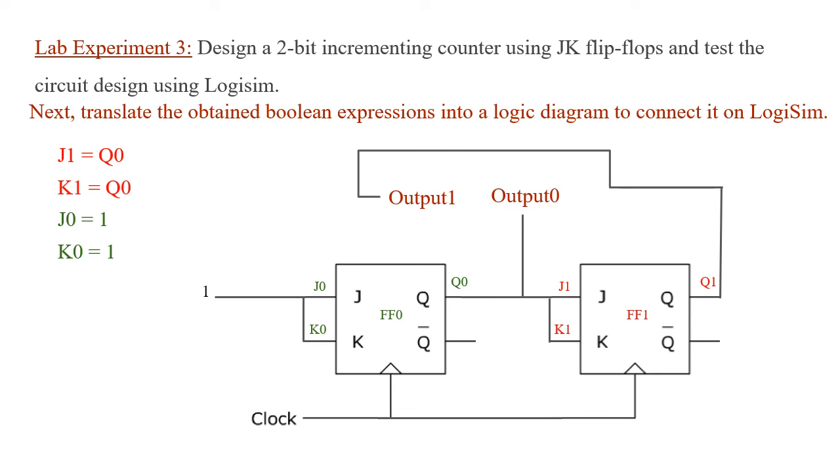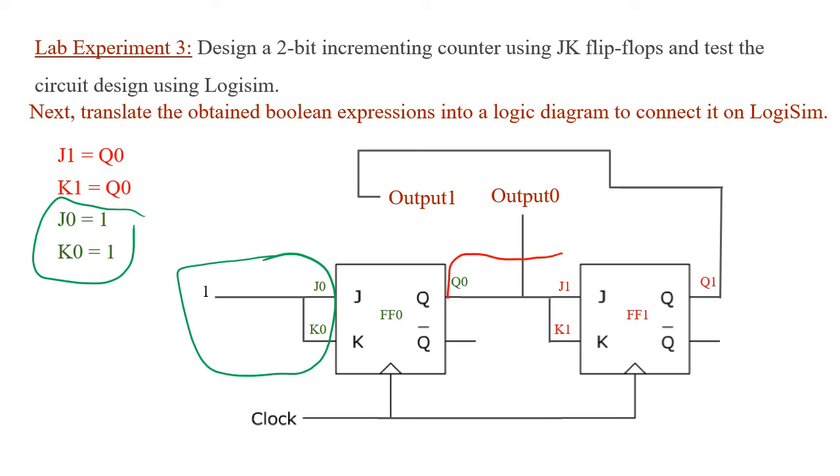For FF0, the output is Q0, and the inputs are J0 and K0, which are assigned a value equal to constant 1, as explained here. Notice that in the diagram, J1 and K1 are both equal to Q0, so we can short them together first and then connect them to Q0.